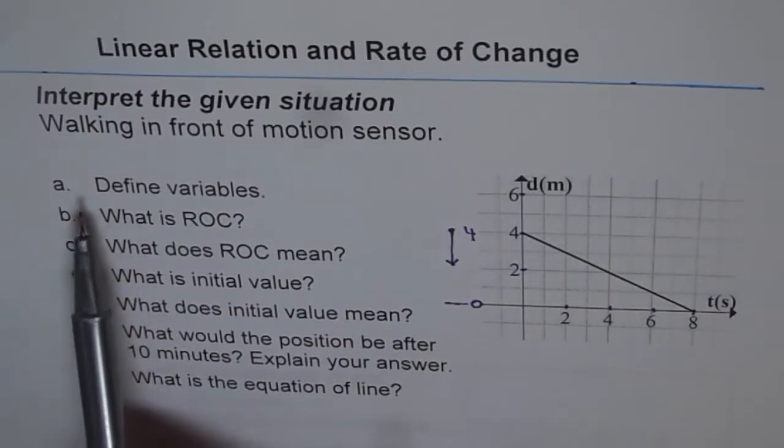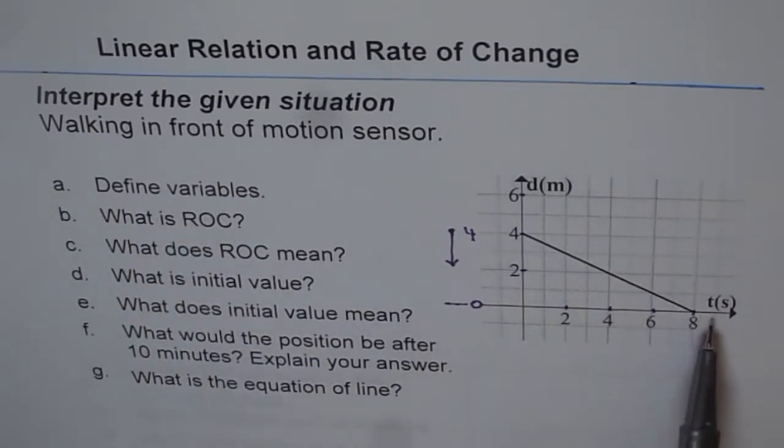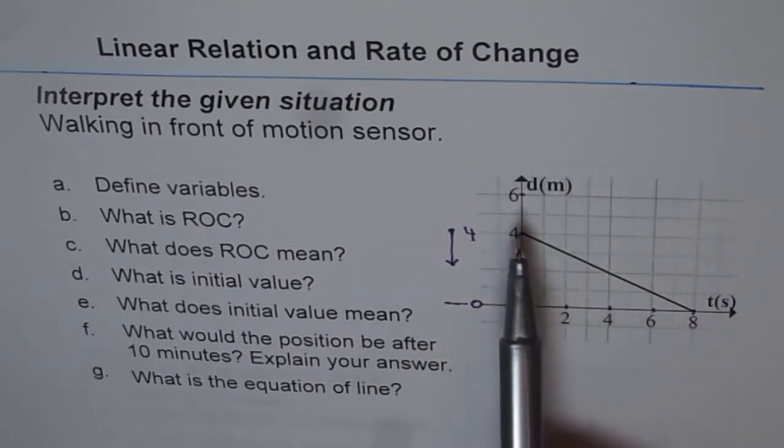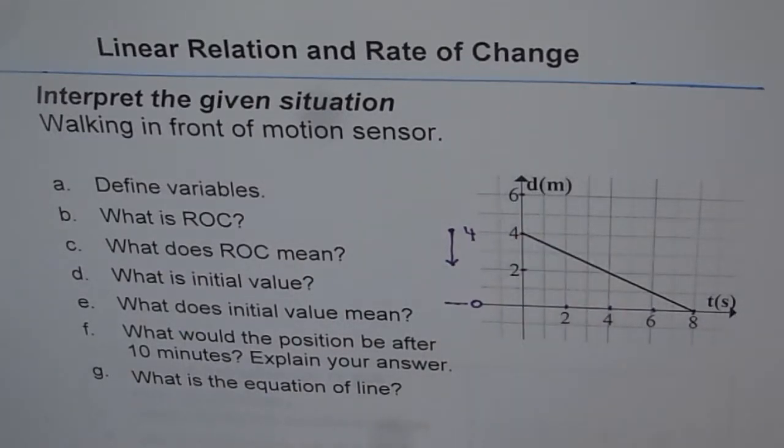Now, defining variables, we already did. Time in seconds along the horizontal axis represents the independent variable, and distance in meters along the vertical y-axis represents the dependent variable. So that is the answer for define variables.